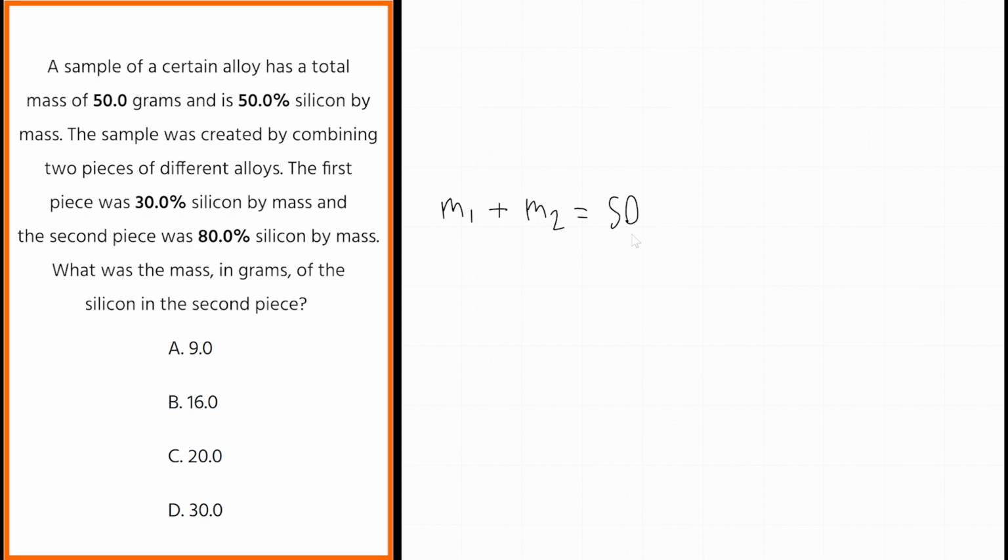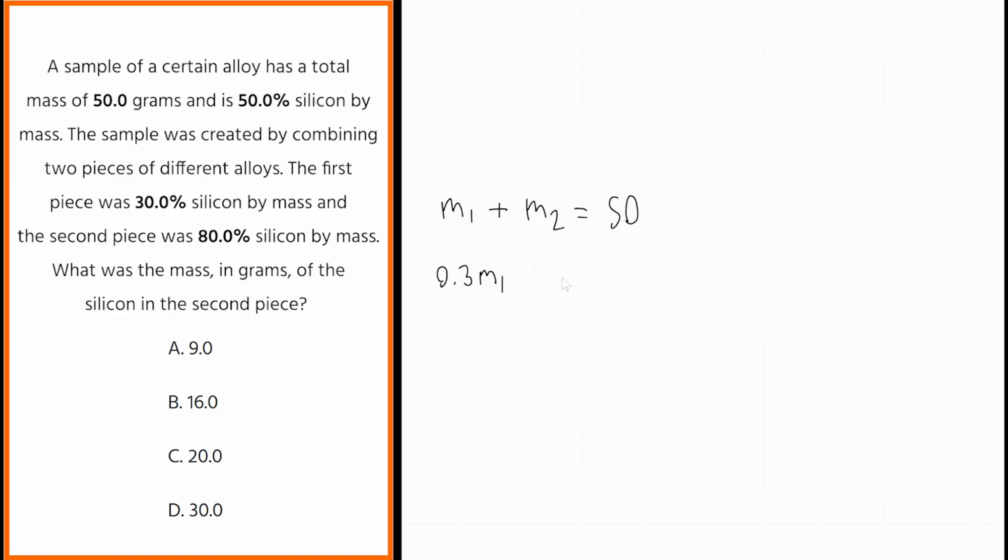Secondly, we know a little something about the silicone makeup of those materials. The first material had an amount of silicone equal to 0.3 M1, because the first piece was 30% silicone by mass, so if we take the mass of that first piece and multiply it by 0.3, we get the mass of the silicone in that first material.